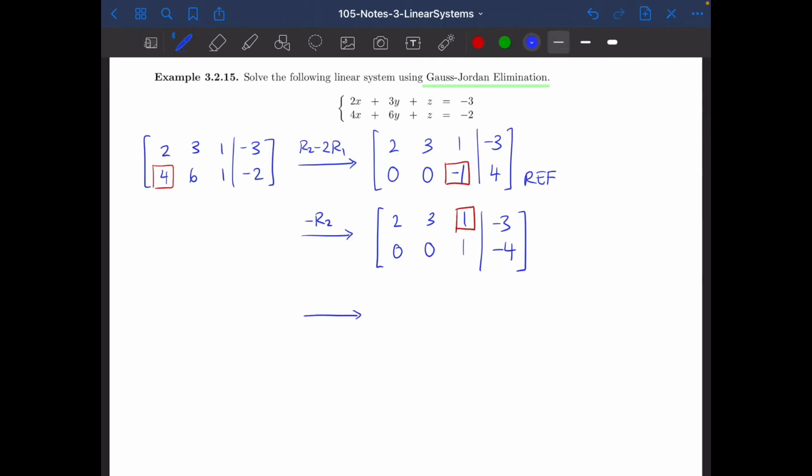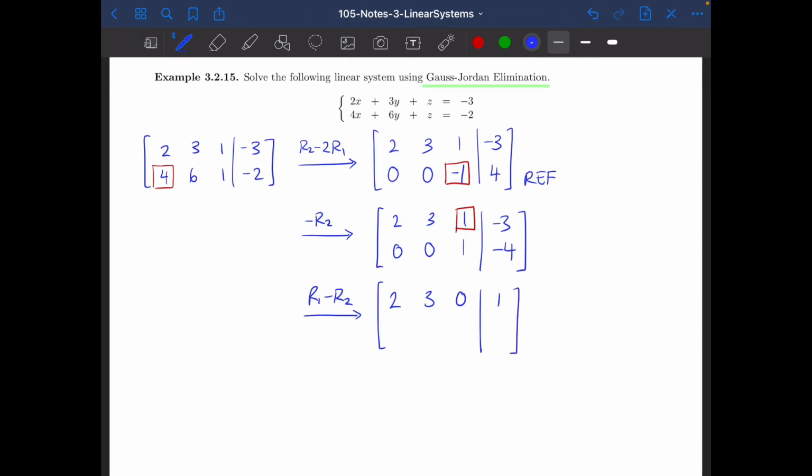And so I'm going to use the elementary row operation row 1 minus row 2 to get a 0 in that position. So 2 minus 0, that's 2, 3 minus 0, that's 3, 1 minus 1, that is 0, the 0 I want, minus 3 minus 4, that is 1.